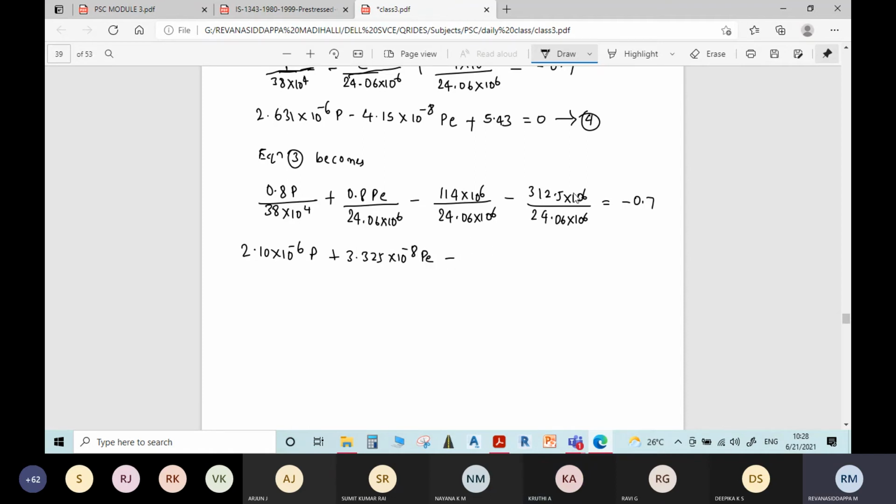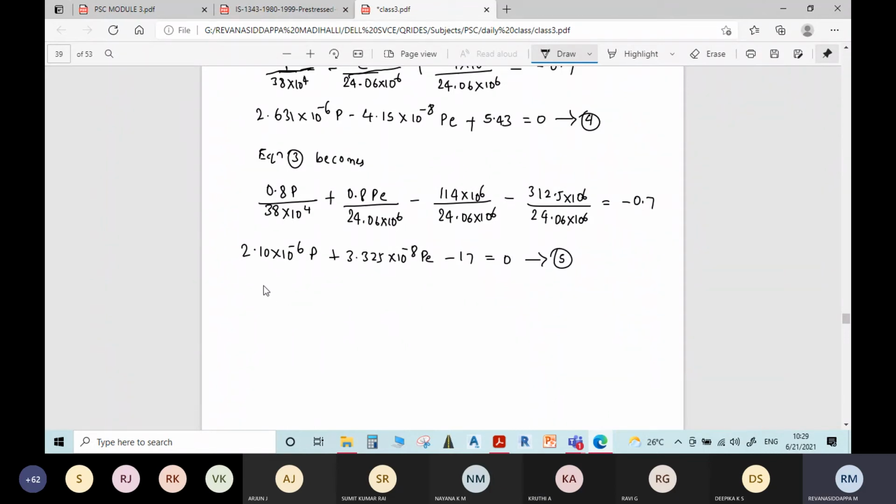Then minus this constant. You add both these terms and plus 0.7 you do and tell me the final value. 16.99, sir. Minus 16.99. Okay, you can write 17 is equal to 0. Call this as equation number 5.